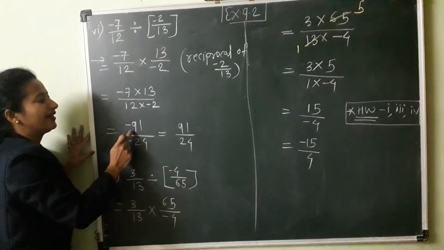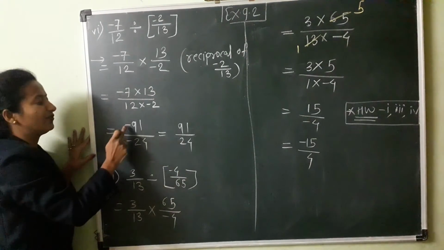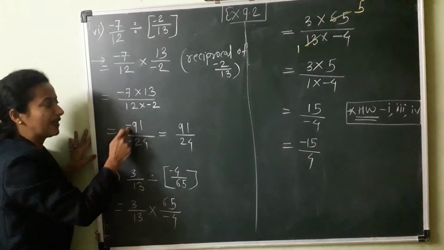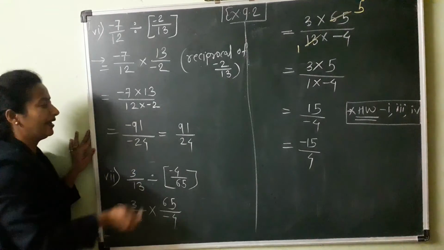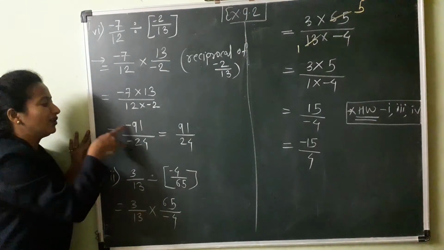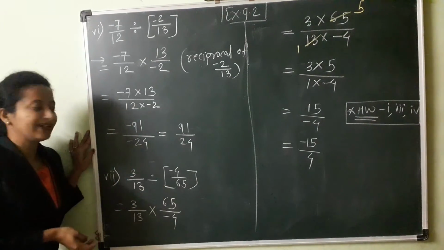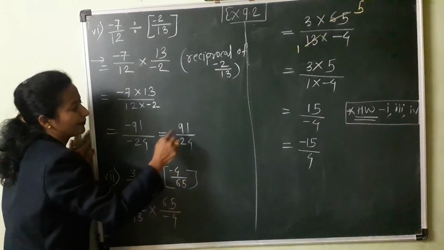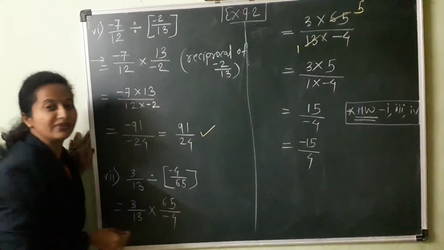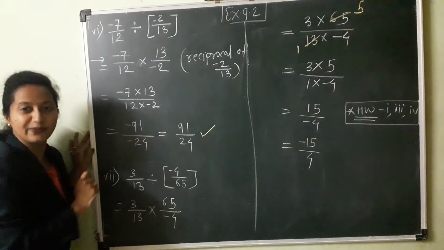So 13 sevens are 91. Here is the negative sign, so for the product also you have to put the negative sign. 12 twos are 24, again with a minus sign. And as you know, if the numerator and denominator both have a negative sign, then it is a positive rational number. So the answer is 91 upon 24. This is the answer for this question.